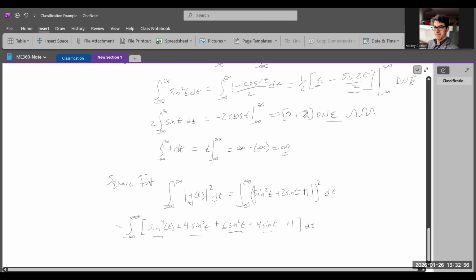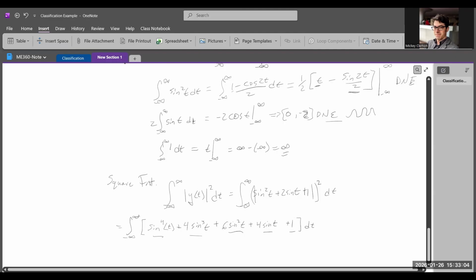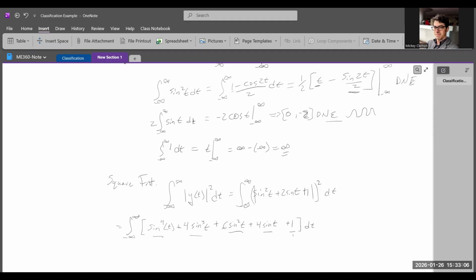And I think you should be able to tell from the analysis above, we're going to get pretty similar results to what we did in the absolute integral, right? So here we have something that does go to infinity. Here we have something that does not exist, doesn't have a limit. Here again we have does not exist, does not have a limit.